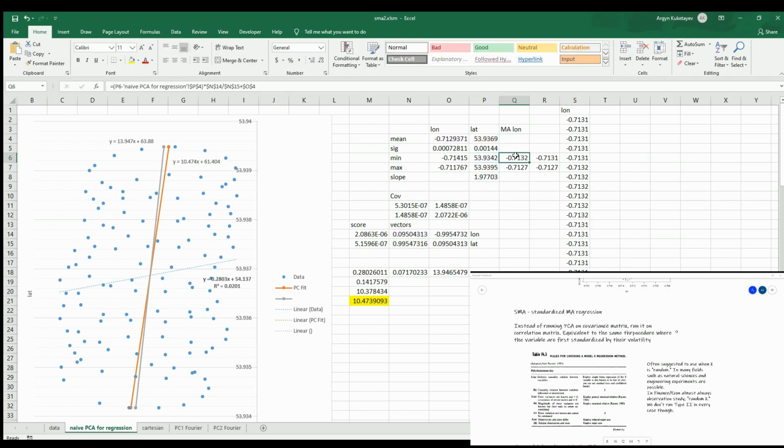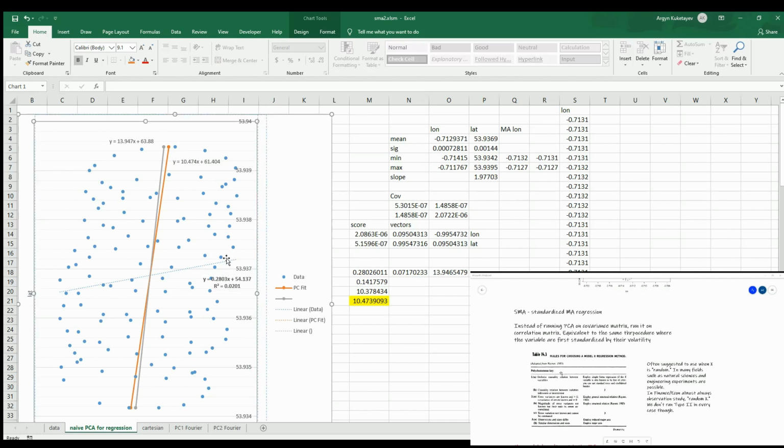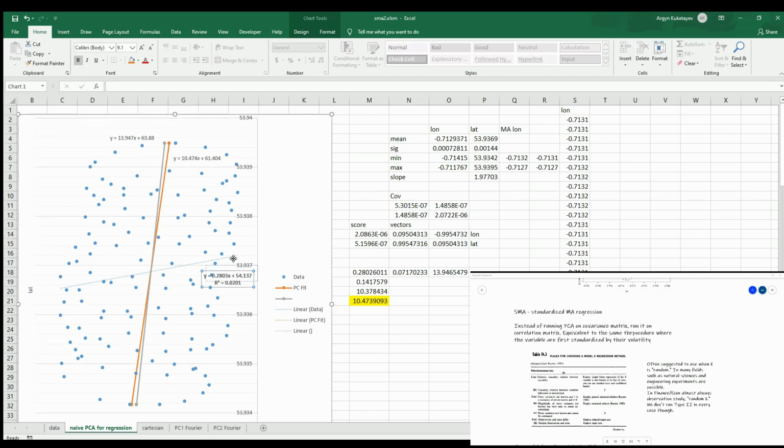That's my regression line, and you see the coefficient is 10.4, while the ordinary least squares regression gave a much smaller coefficient. It's 0.28.